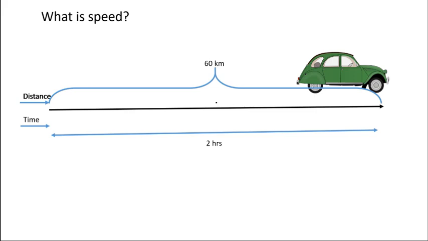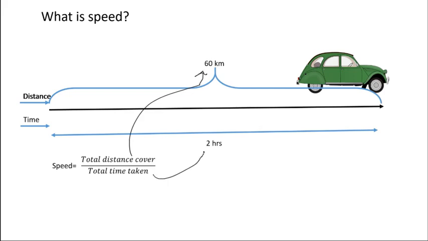The speed is given by the formula equal to total distance covered, that is 60 km, divided by the total time taken. So total distance covered is 60 km and time taken is 2 hours, so it is going to be 60 by 2. That amounts to 30. Speed is 30, but 30 what? This is in kilometer and this is in hour, so it is kilometer per hour.